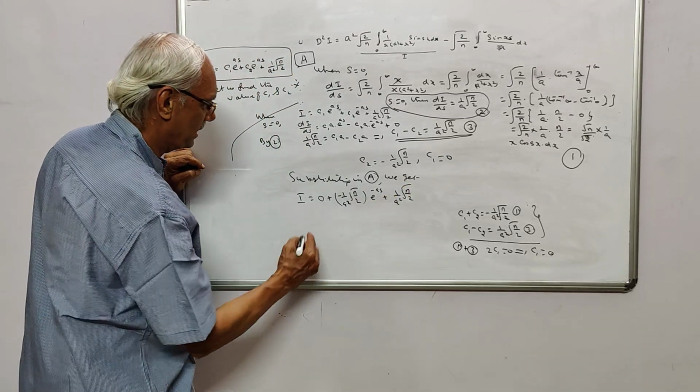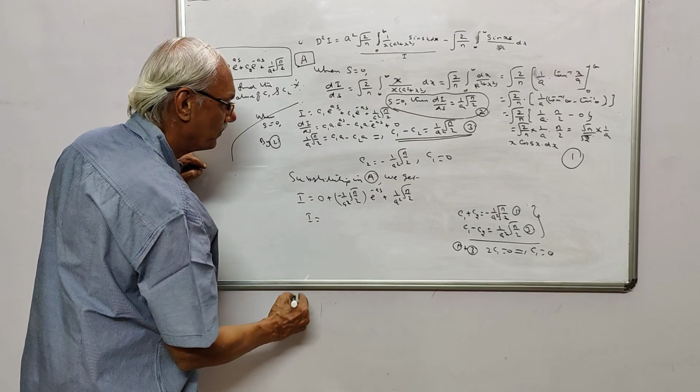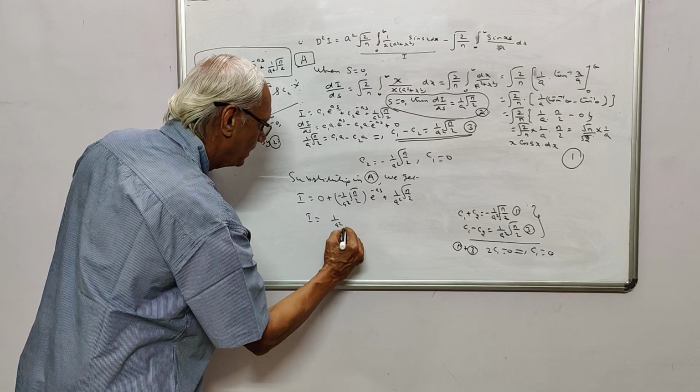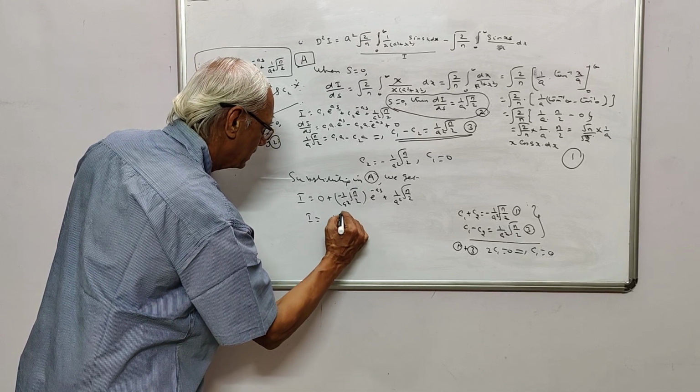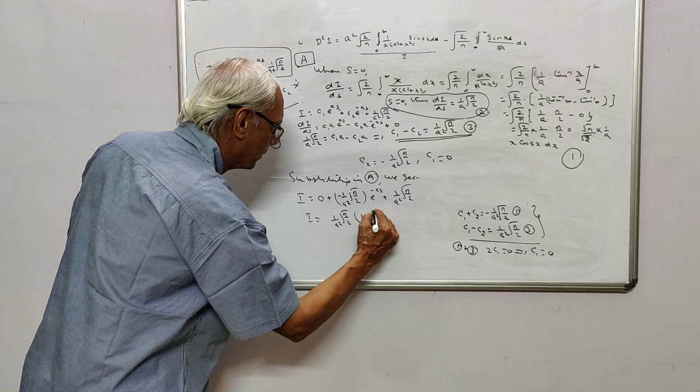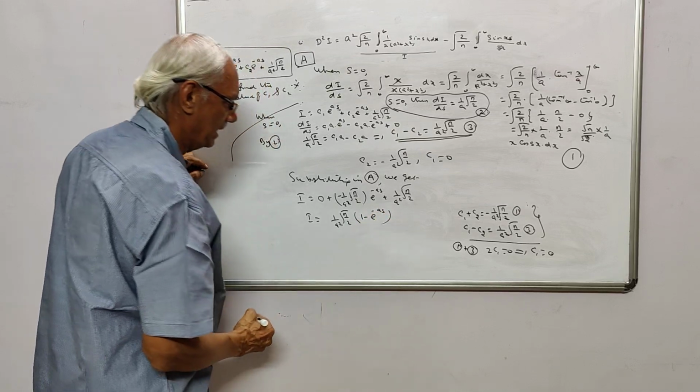So this is what you get here. I will be equal to 1 by a squared, root of pi by 2, into within brackets e to the power of minus as.